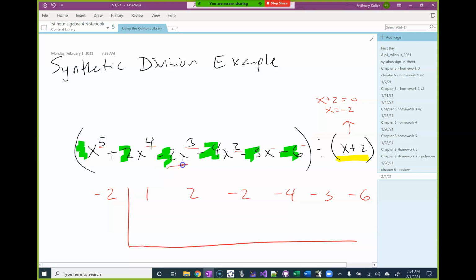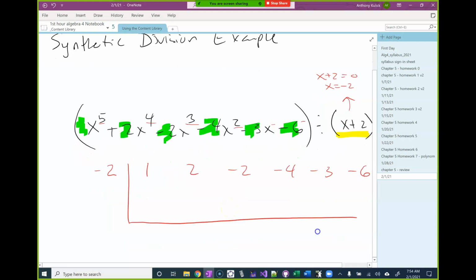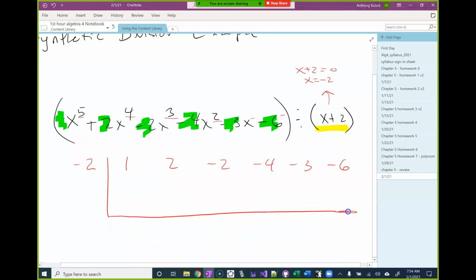So if this thing was missing x to the 3rd, we put a 0 where the x to the 3rd would have gone. Is that okay? We didn't have to do that in this case, but that's something we have to be careful about. Okay, so that's what the starting point looks like.